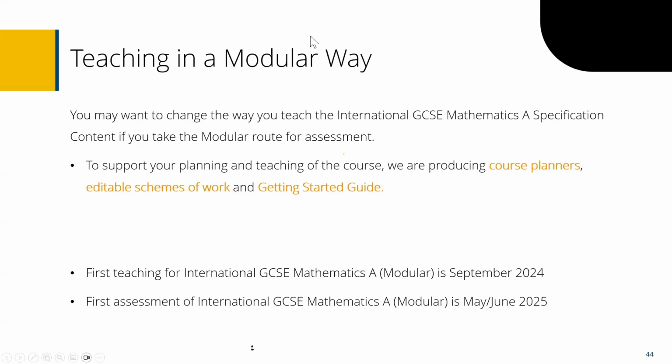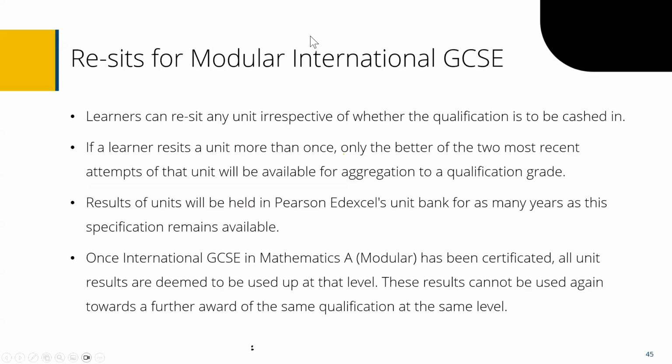Again, a few key points about this. Learners can resit any unit irrespective of whether the qualification is to be cashed in. If a learner resits a unit more than once, only the better of the 2 most recent attempts of the unit will be available for aggregation to a qualification grade. Results on units will be held in Pearson Edexcel's unit bank for as many years as this specification remains available.